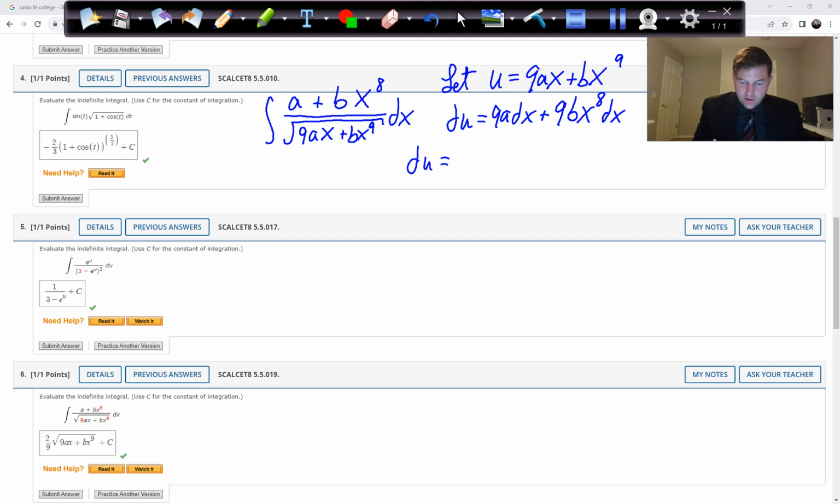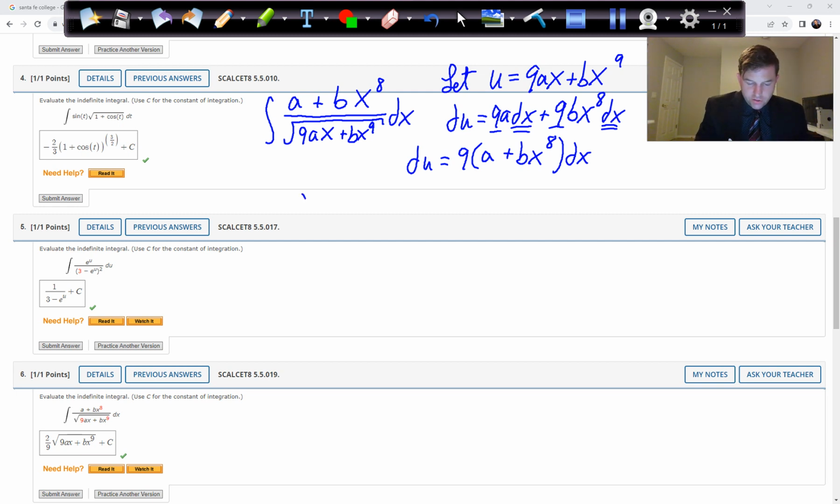And we can factor out a 9, and we can factor out a dx. So I factored the common 9 out to the left side, factored out the common dx to the right side. You're left with a, the plus sign, the b, the x to the 8th inside the parentheses.